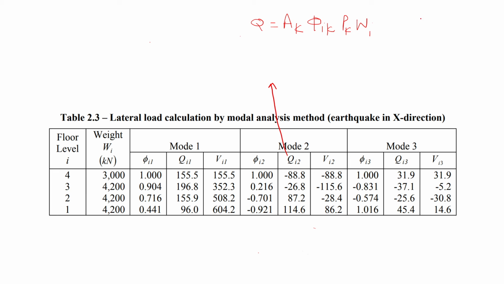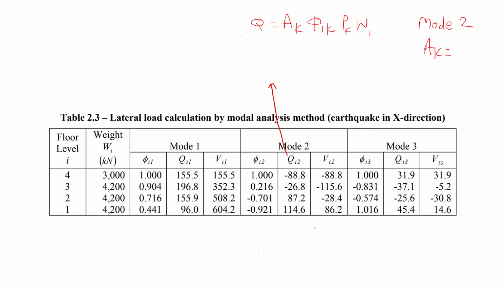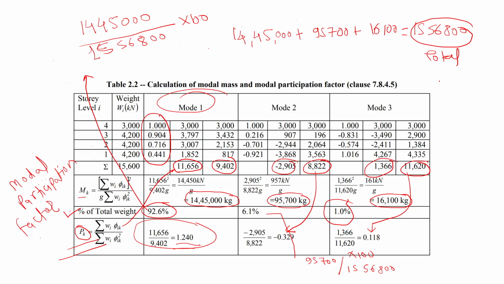Now for mode 2, the value of AK is, here this is mode 2, 0.09, and the value of PK for mode 2 is, this is PK for mode 2, minus 0.329.